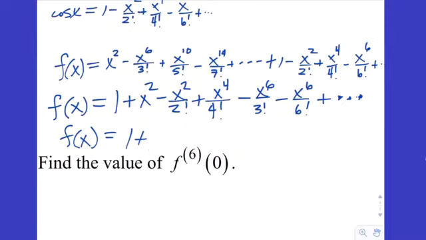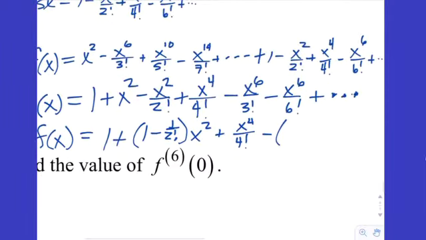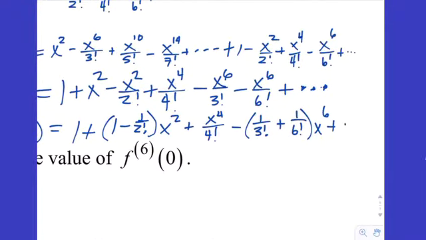Oops, kind of getting cramped in there. 1 minus 1 over 2 factorial is that, times x squared, factor it out on the right, plus x to the 4th over 4 factorial, and then minus, we'll do this one 2 different ways. I'll factor out negative, and then I'm left with positive 1 over 3 factorial plus 1 over 6 factorial times x to the 6th plus dot, dot, dot.